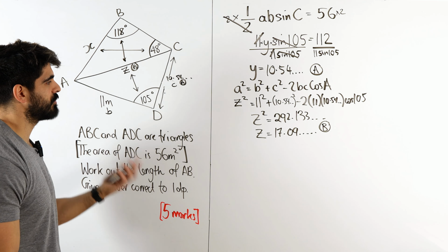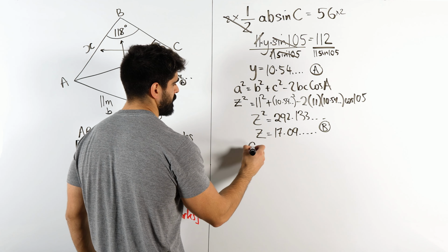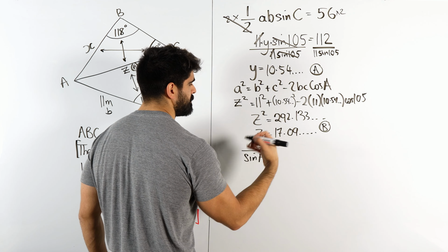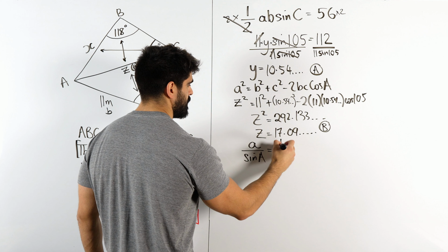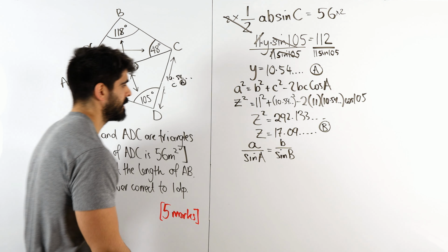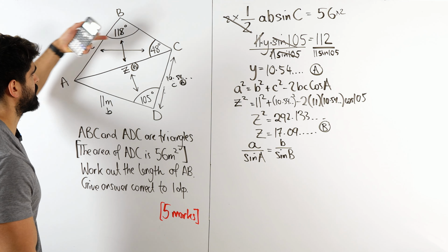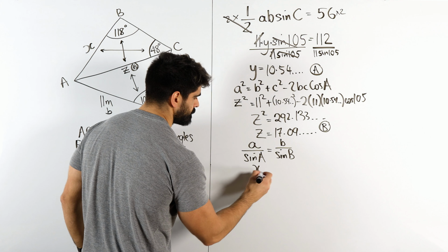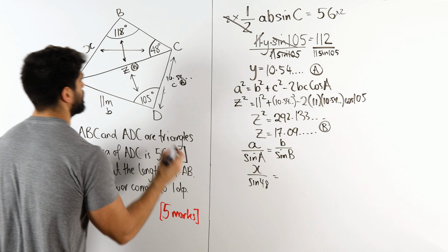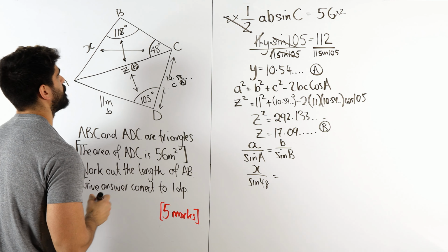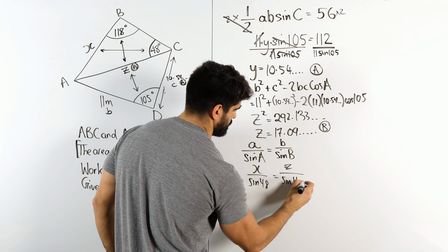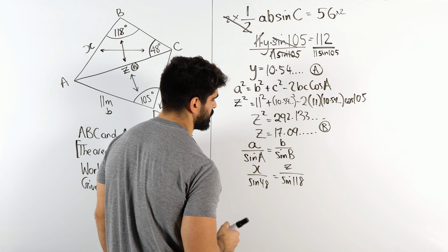It tells us the ratio between a length and its opposite sine angle is the same no matter which opposites you look at. So in our case we're saying x divided by sin 48 is equal to z divided by its opposite sin. Remember z we stored as B.